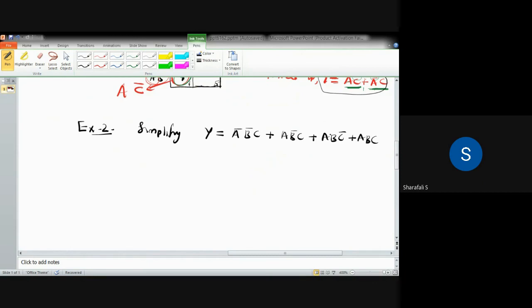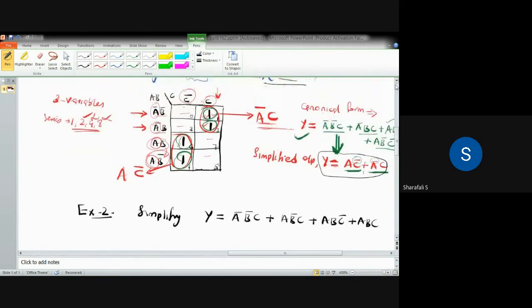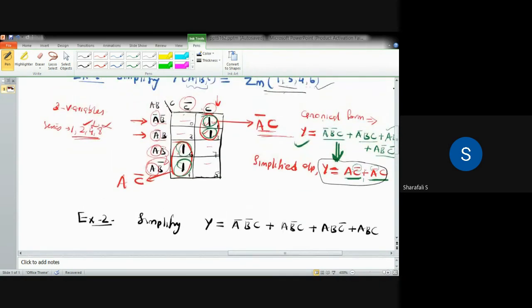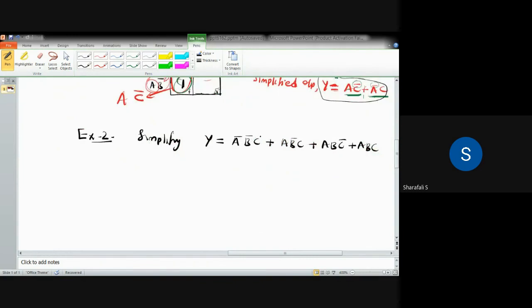So in this form also you can get an expression to simplify. This is not like the previous one. Here we are having that in terms of sum of products. So how can we simplify this particular expression by using K-map?